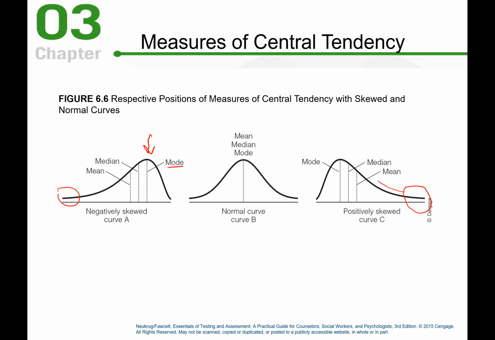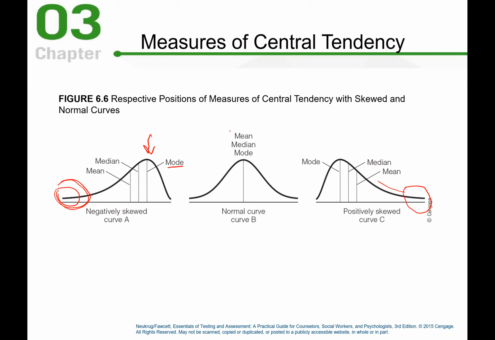And the mean is going to be closest to the tail because the mean is very sensitive to extreme scores, and these scores right here are very extreme. So it's going to make the mean closer to those particular scores. And the median is going to be in the middle between the mean and the mode. So that's for a negatively skewed distribution.